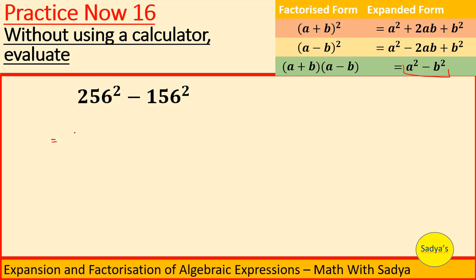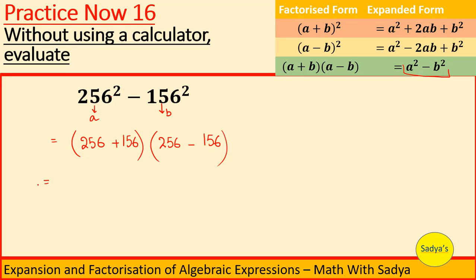So write down the structure first: a plus b and a minus b. Here a is 256 and b is 156. So write down the values: 256 plus 156, and 256 minus 156.